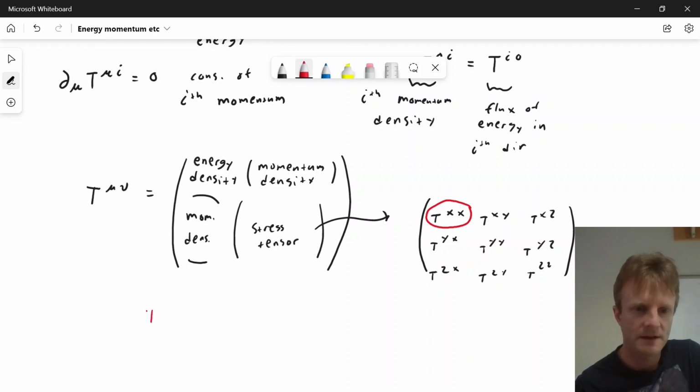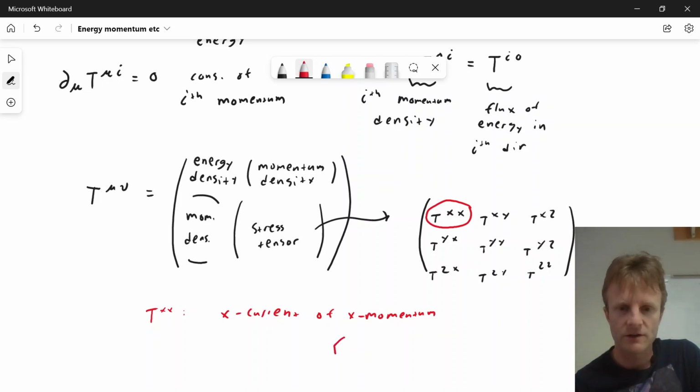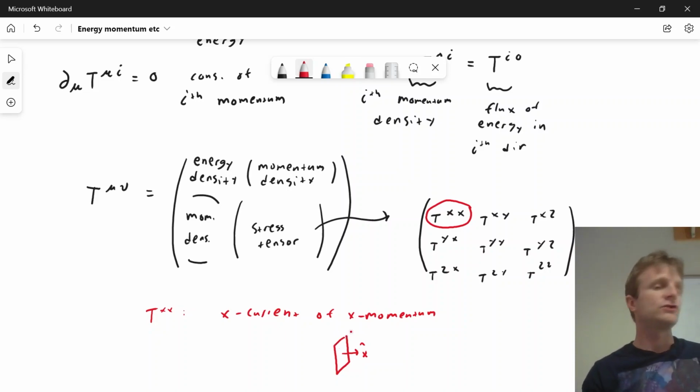So Txx is the x current of x momentum. I can draw the same picture I drew for the x current of charge a little earlier. I took a little patch of area, said it's normal to the x hat direction, and thought about how much charge was going through this surface.